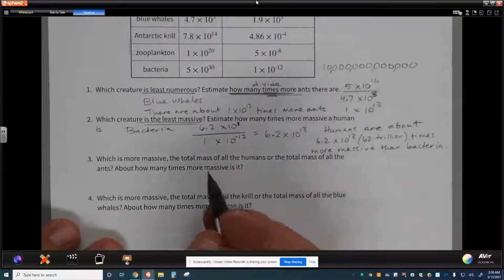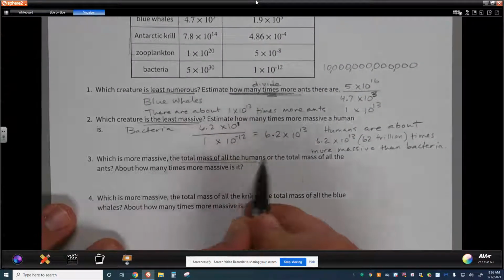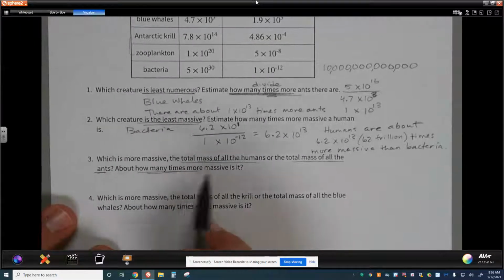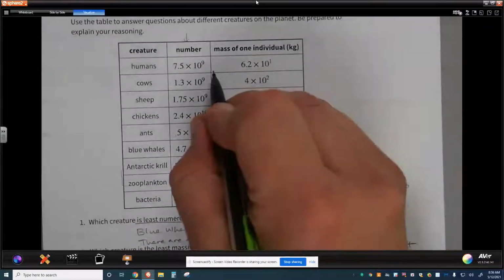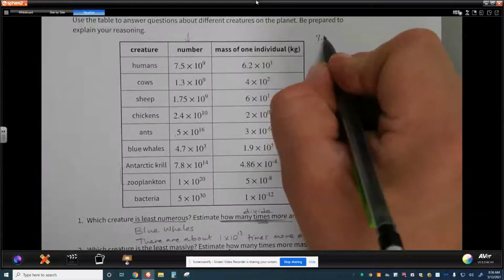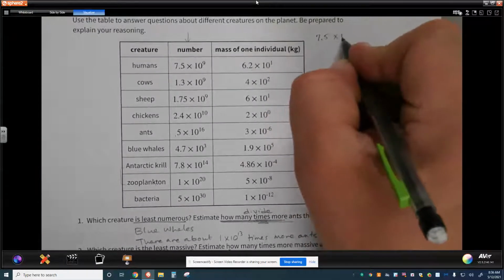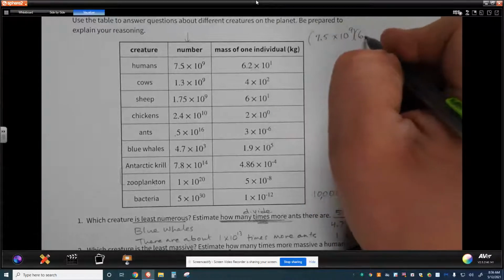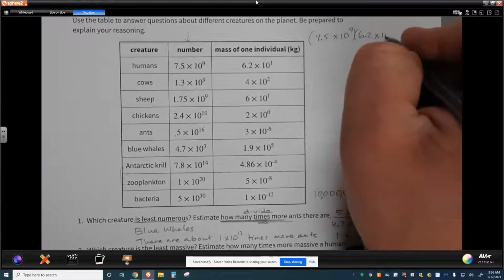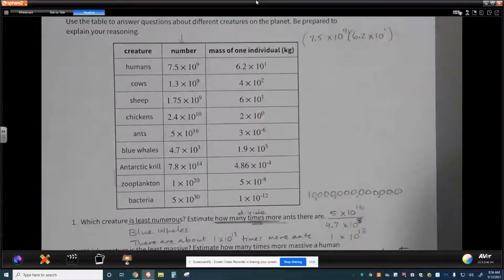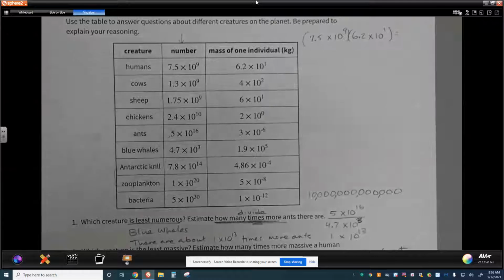We have to do a little bit of multiplication before we can do the division. With the humans, we take the total number of humans, 7 and 5/10 times 10 to the 9th power, and multiply that by 6 and 2/10 times 10 to the first power. We'll use a calculator at this time.